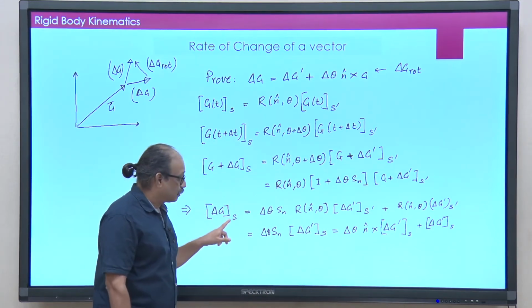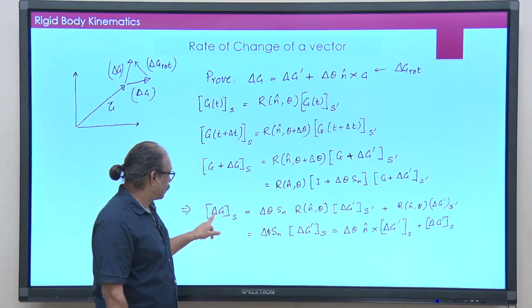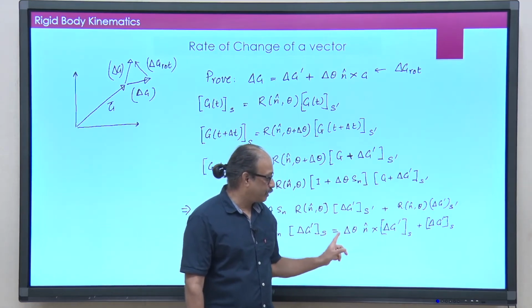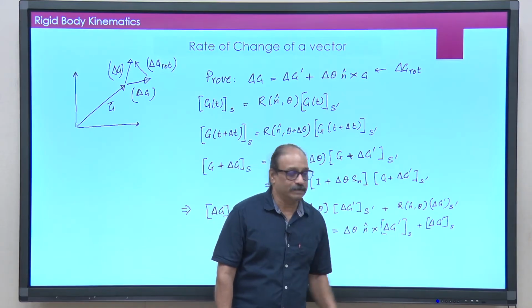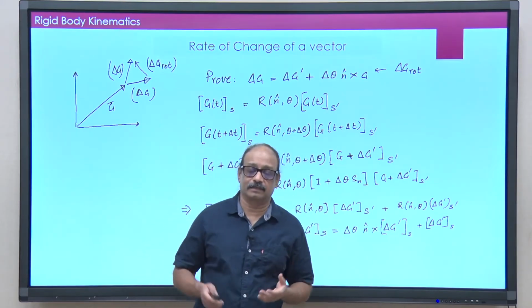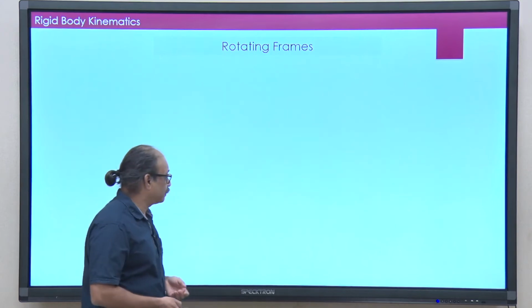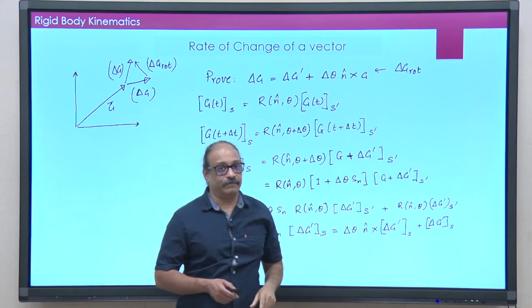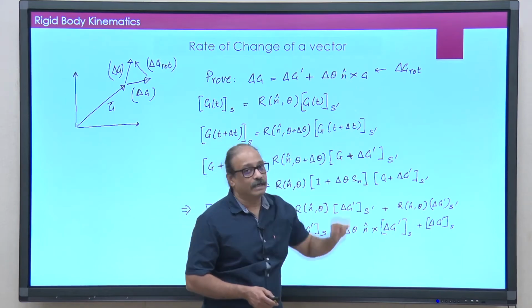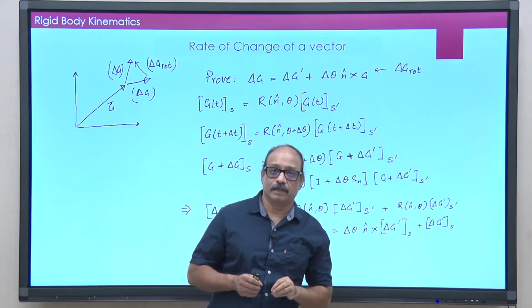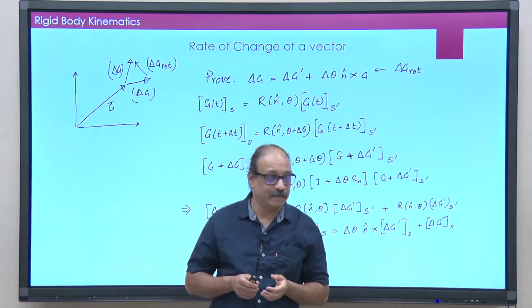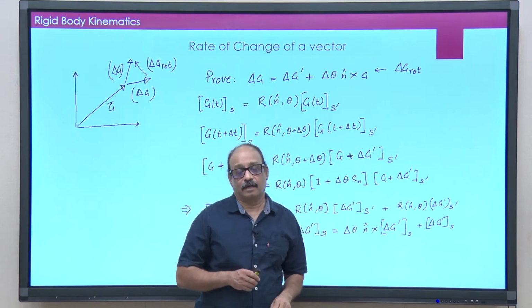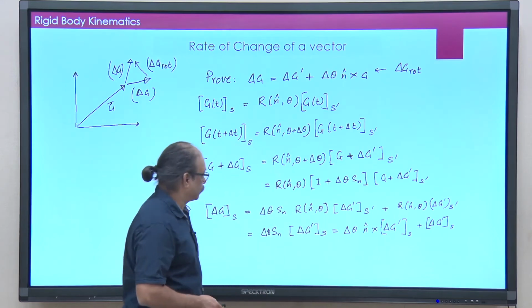So, now on this side of the identity I have delta g seen by S, this whole vector seen from S, and this vector seen from S. So, basically it is a single vector equation now, and that is what we have here. And this part now we see has actually come only because there was a change in the rotation matrix as the time progresses, because the transformation matrix changed along with the coordinate system there.